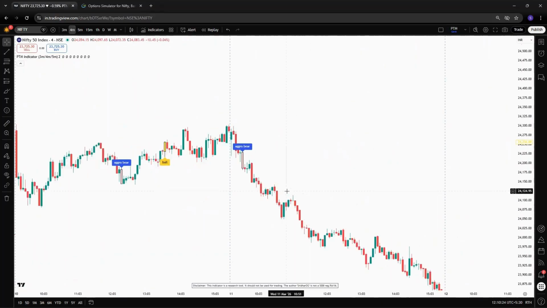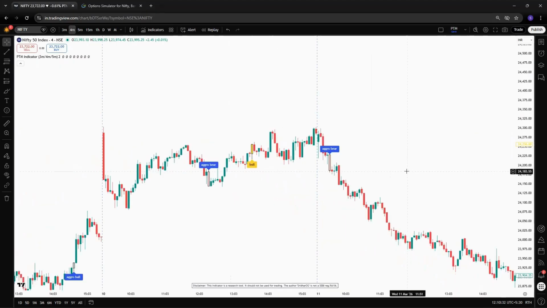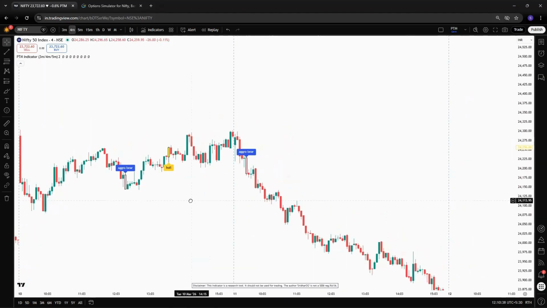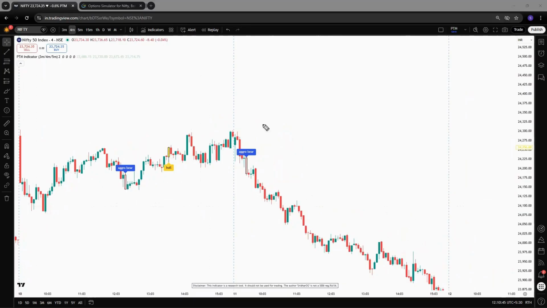Right now, we understood so far why we are using the PTM indicator: to bypass market structure and directly go to executing a strategy based on the signal generated. All right. Now, let's talk about a simple strategy. Simple as possible. What I want to do for a strategy is that when the market is trending, I want to make some money.